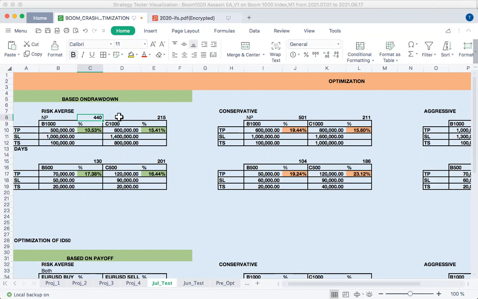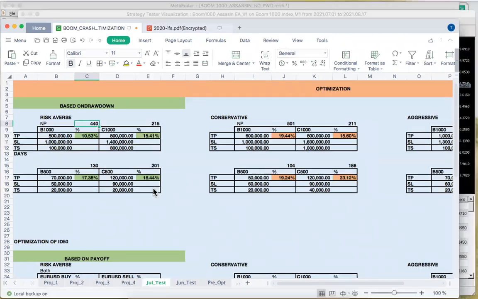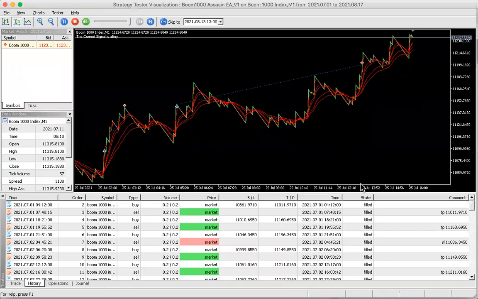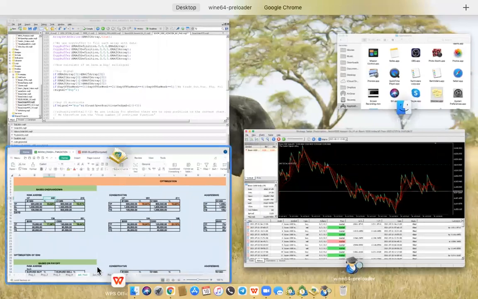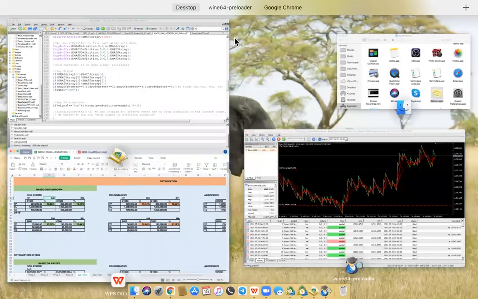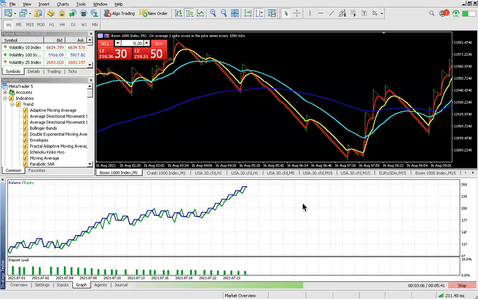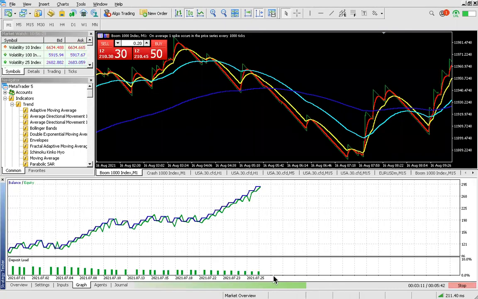And you get a profit of about 440 over the 2 months from July. Let's see. It's still on the 23rd of July, 25th of July, and it's still going up, still going strong.